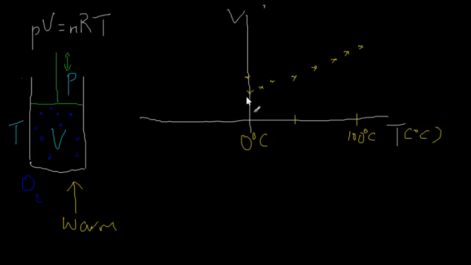It's a very nice straight line when the experiment was carefully done. My hand is a bit wiggly, so it doesn't look quite straight, but it goes through a very nice straight line. It's not surprising to us today that when the gas gets warmer, the volume increases. But what is surprising is that it falls on such a nice straight line.